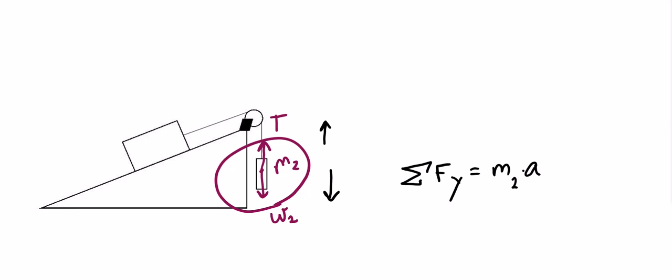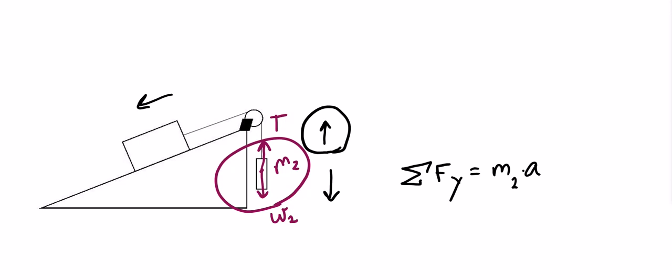What are the implications of us picking the wrong direction? Well, the physics doesn't lie to us. So if we do everything correctly mathematically and we happen to pick the wrong direction, let's say I picked it as going up, and I set everything up like that, and that would also assume that this is going down to the left. And if I do all my math and I do everything correctly, and at the end I get a negative answer, then the physics just revealed to us that we picked the wrong direction.